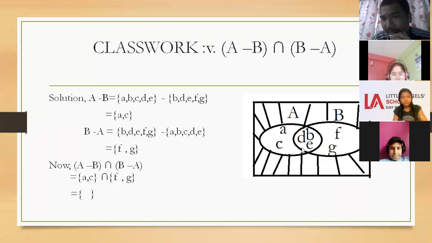The Venn diagram is the same here because the sets are the same, but what is given in the bracket will be solved first. First, I have solved A minus B. A minus B means A, C came. It is already done before also. And after that we did B minus A, how to subtract it. I also explained it already.